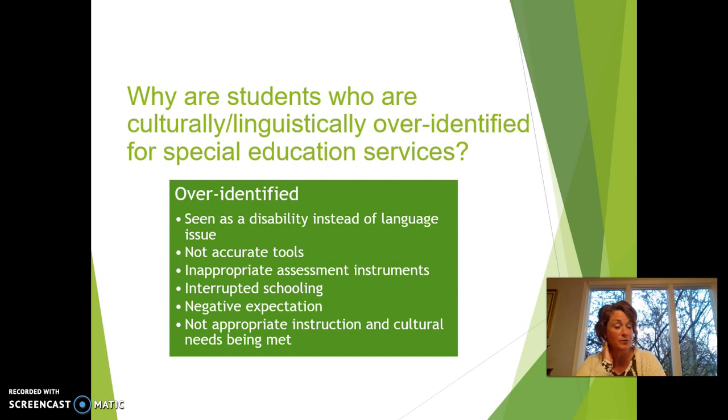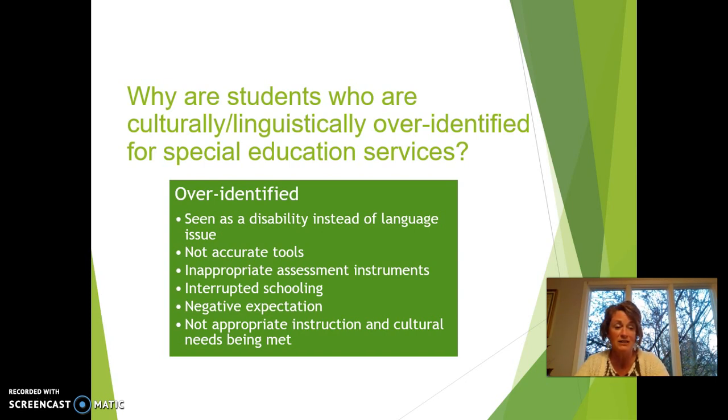Sometimes, like we talked about before, the tools that assess these kids are not up to par, so they can get over-identified for special education. A lot of times their schooling can be interrupted, and that can cause them to be behind in some areas, because they could have been moving from out of the country into the country. And so there's been an interruption in their schooling, so that can be a problem.